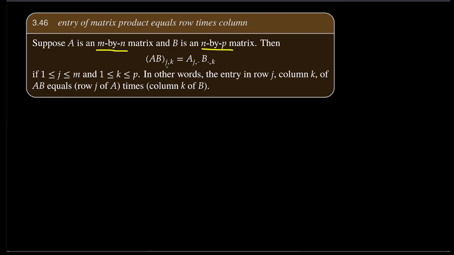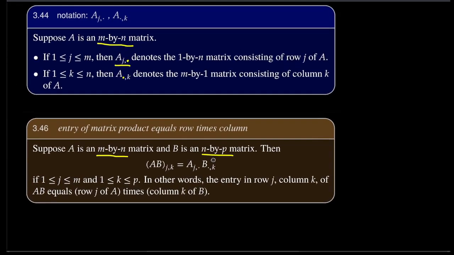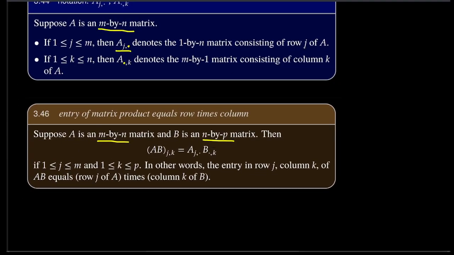Then the jkth entry of AB is a j dot times b dot k. That is, it is the jth row of A times the kth column of B.